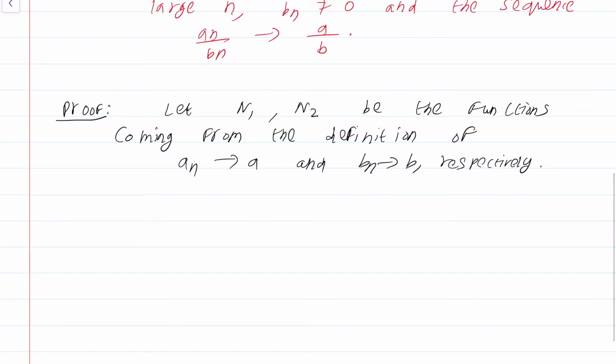That means these functions N1 and N2 will tell you how far along the sequence you have to go to make mod an minus a and mod bn minus b less than epsilon.